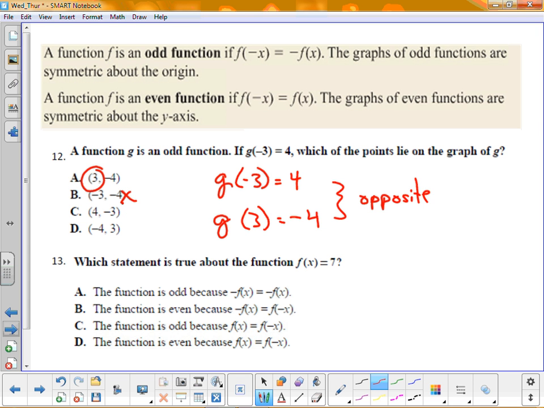But odd doesn't mean it comes up the same thing, does it? Odd means it comes up opposite. A function is odd if the result is opposite. A function is even when it comes up to be the same thing.